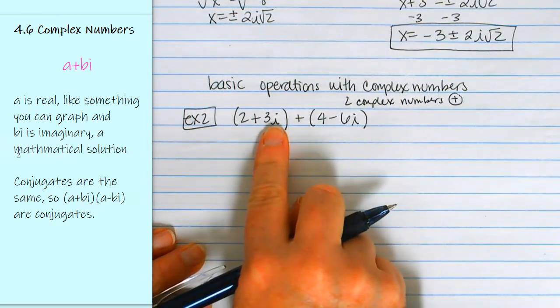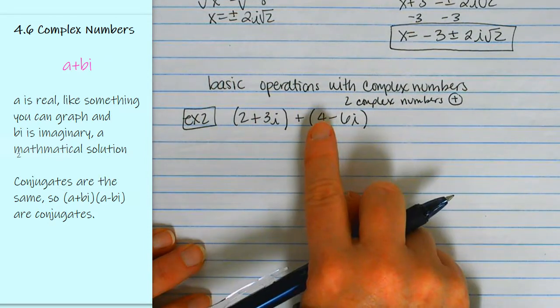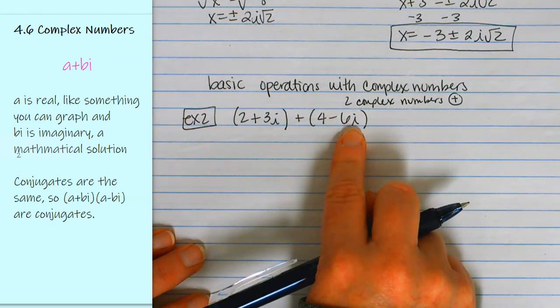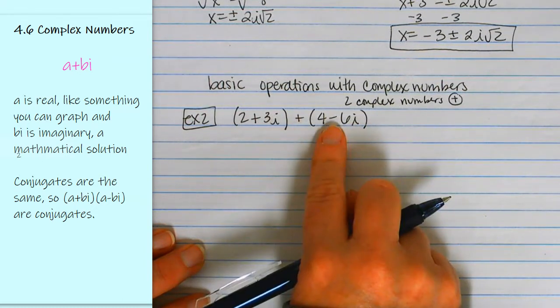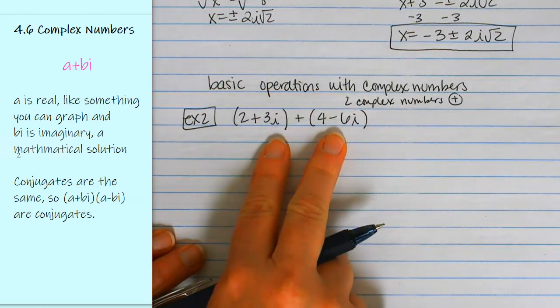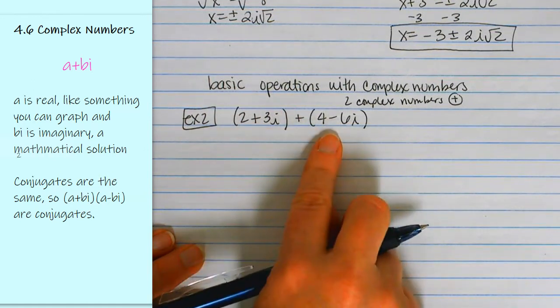So this is the first complex number, real plus imaginary. Plus this complex number, which is real minus imaginary. So in order to find the new sum of both of these complex numbers, these parentheses do not mean multiplication. They mean this first complex number compared to this second complex number.